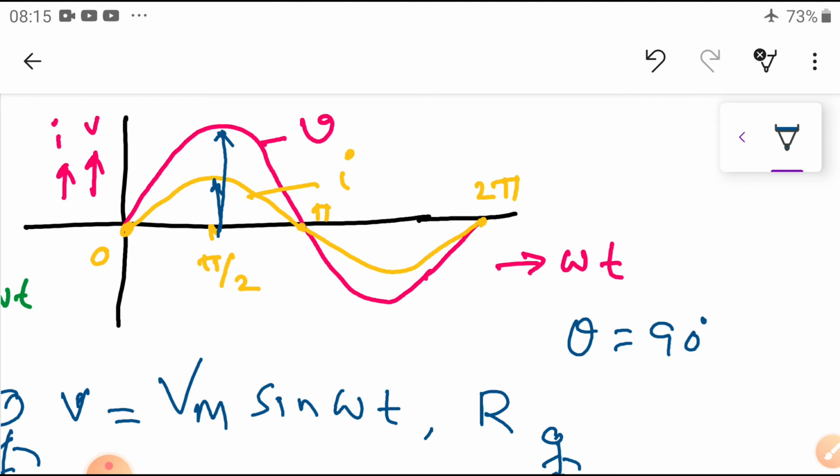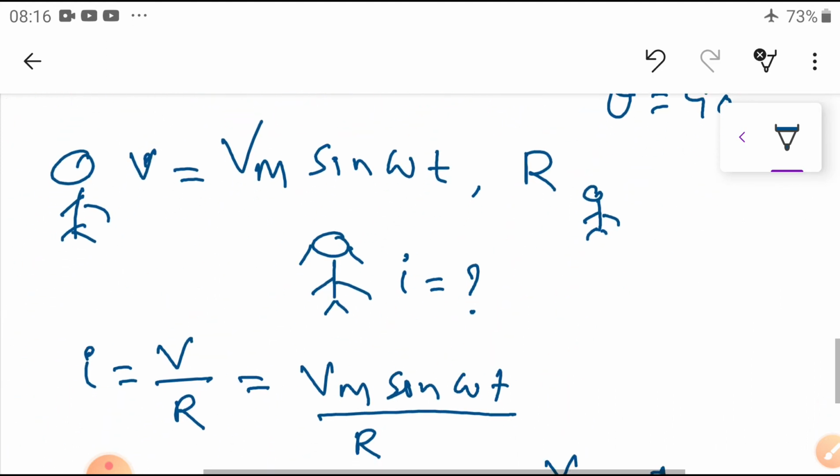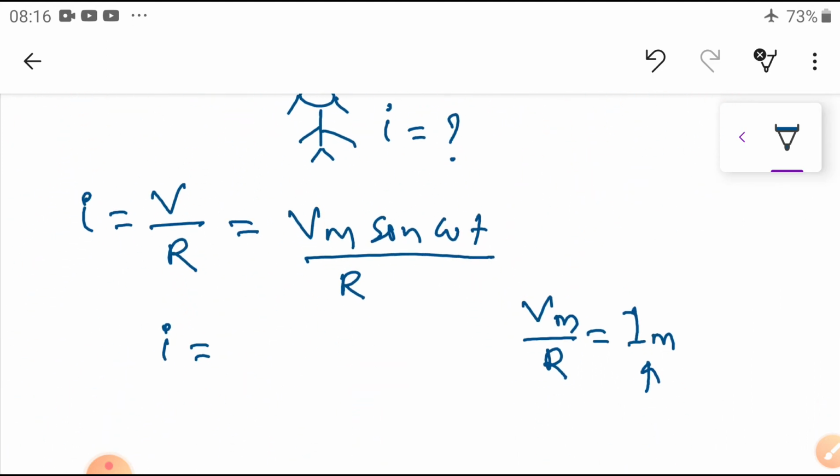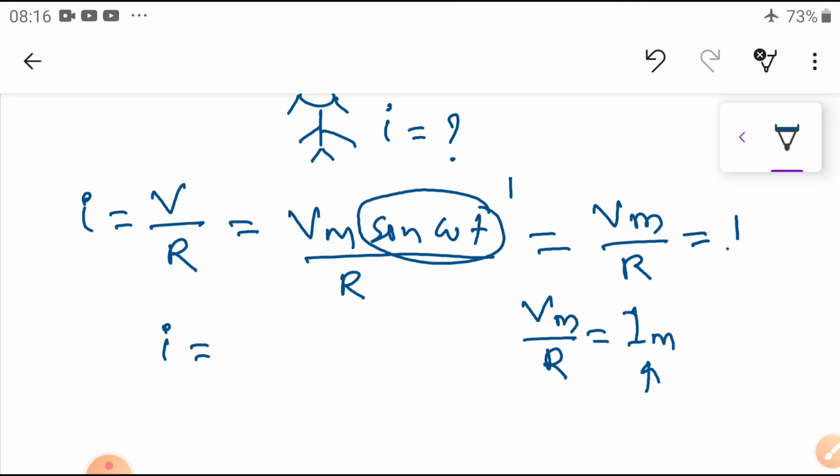When theta is equal to 90 degrees, what will happen? Sin 90 is equal to 1 at that condition. So whatever the value of sin omega t, this becomes 1. Then we can write Vm by R, which becomes Im, the maximum current that will occur.